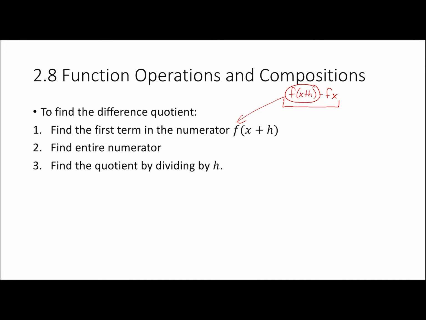So whatever we get when we put in x plus h minus the original function, that's going to be step 2. And then our formula is that we take that numerator and we divide it by h. And so that's going to be step 3.